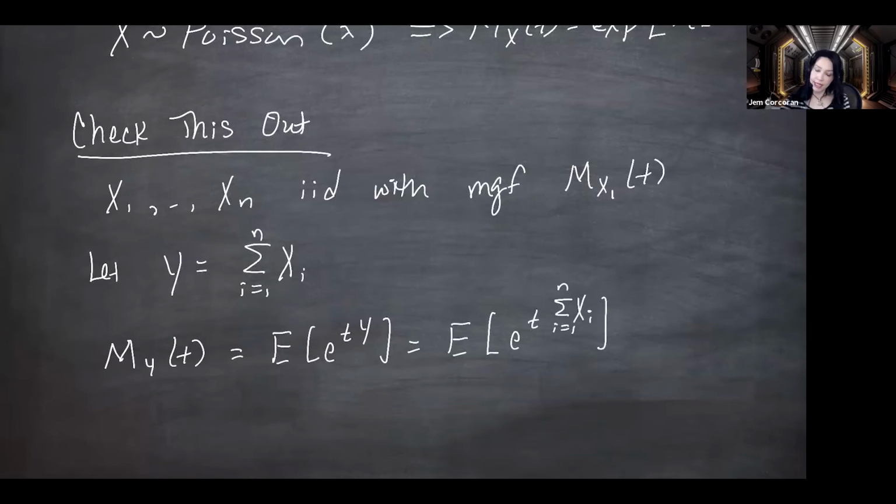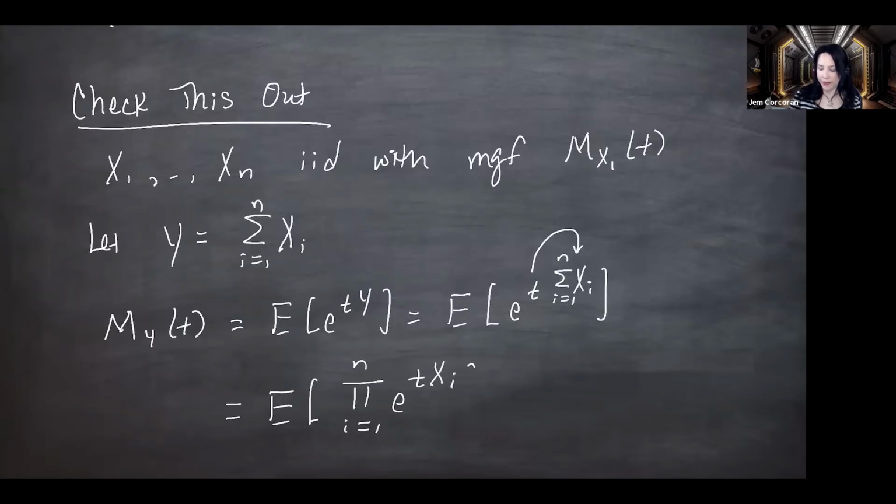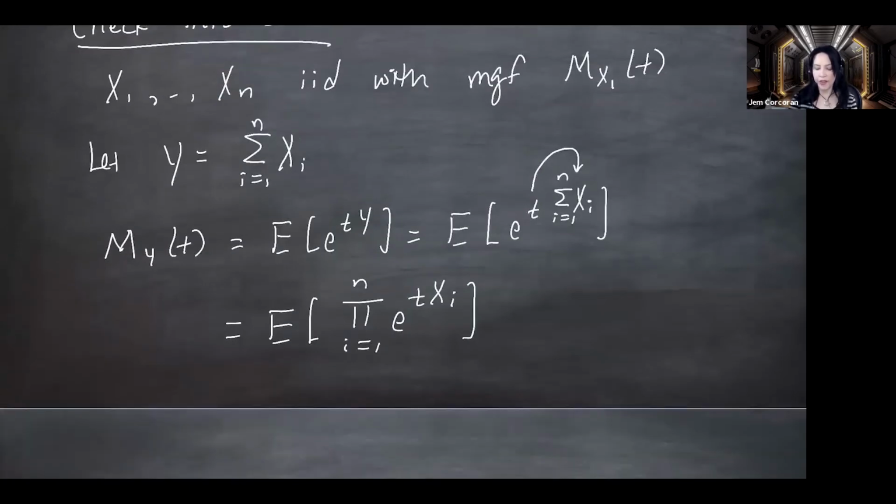I can pull the t inside the sum, and then e to a sum is a product of e's. So this is the expected value of the product as i goes from 1 to n of e to the t Xi. If you've never seen that symbol before, this is just a product, like the summation symbol is a sum.